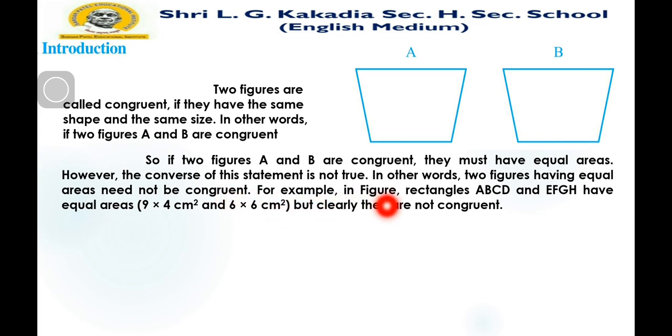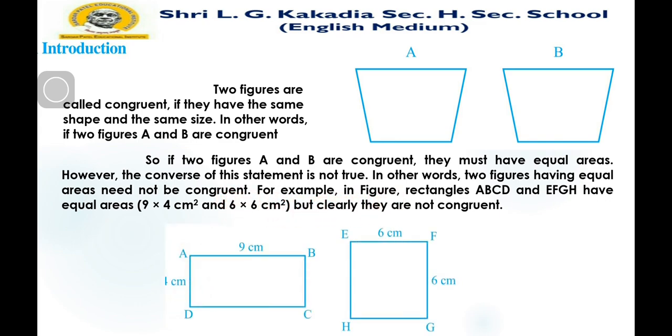For example, in the figure you can see two figures. One is a rectangle and the second one is a square. Now, rectangle ABCD and square EFGH have equal areas. The area of the rectangle is 9 into 4, that is 36 centimeter square, and 6 into 6 is also 36 centimeter square.